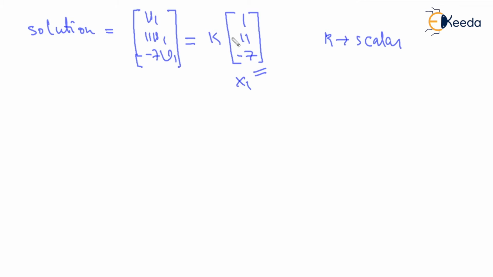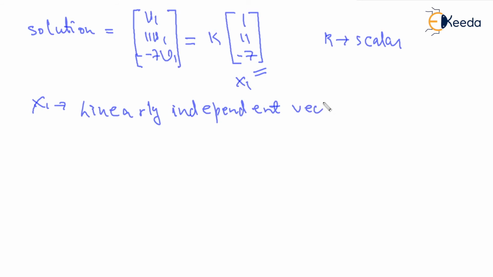So in that case we can say that x1, of course there is only one vector, is the linearly independent vector as a solution, or as a vector which will form the entire vector space. So we can say that this will be the basis.